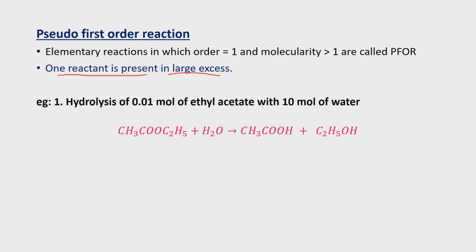So it can be written like this. Rate equal to K dash [CH3COOC2H5] [H2O]. Here one reactant, second reactant. Now look at the condition. One reactant is present in a large excess.